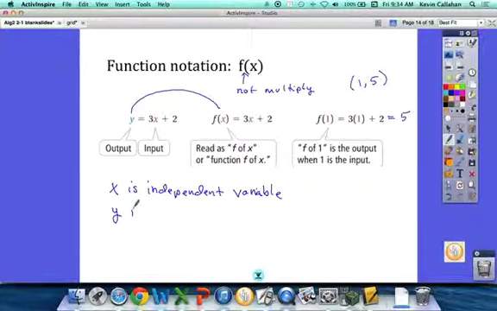Y is the dependent. Right? Because the equation is solved for y. In order to know what y is, you got to plug in an x value. So y depends on x. That's why you call x the independent variable, y the dependent variable.